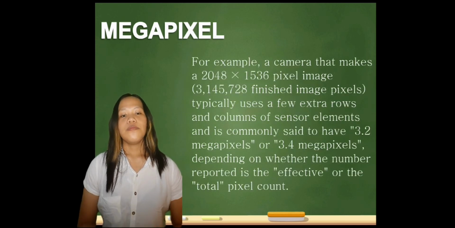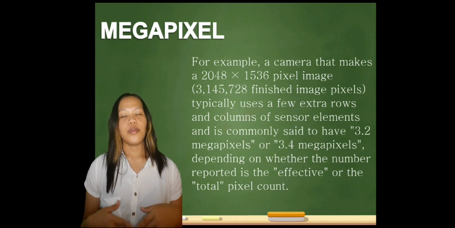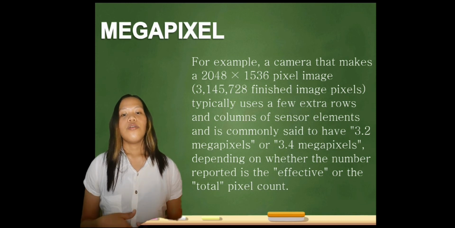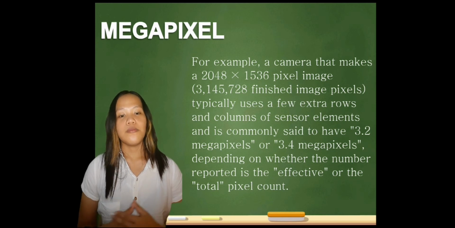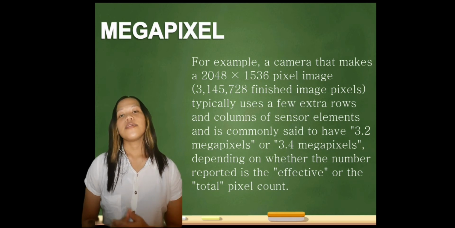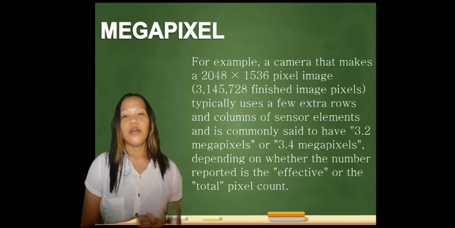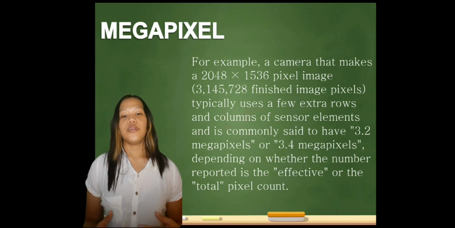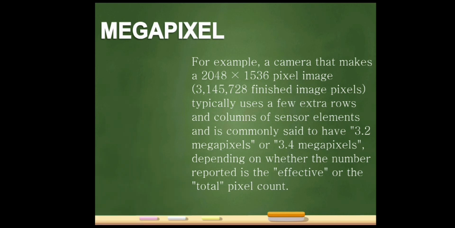For example, a camera that makes a 2400 by 1536 pixel image typically uses a few extra rows and columns of sensor elements and is commonly said to have 3.2 megapixels or 3.4 megapixels, depending on whether the number reported is the effective or total pixel count.